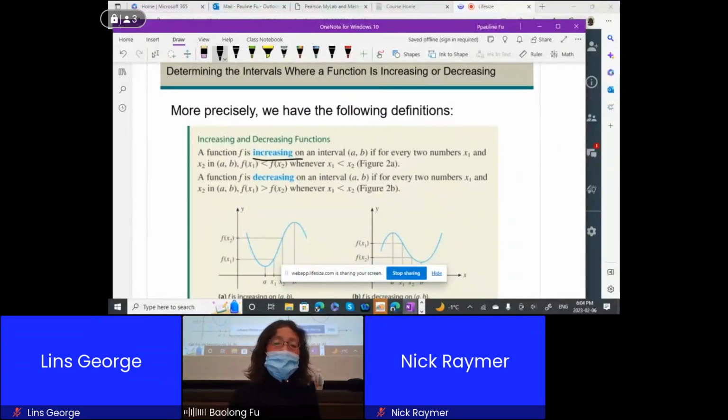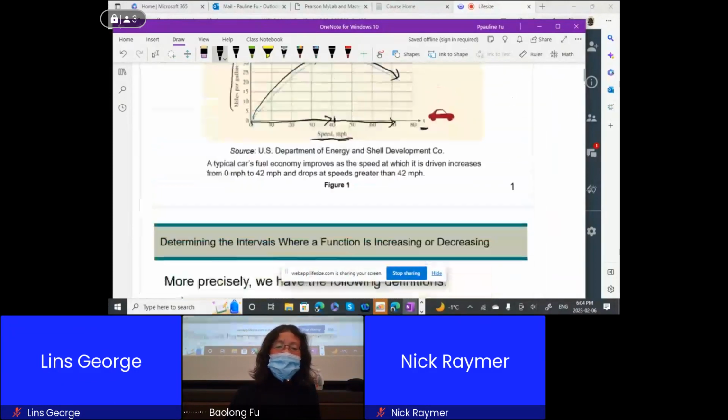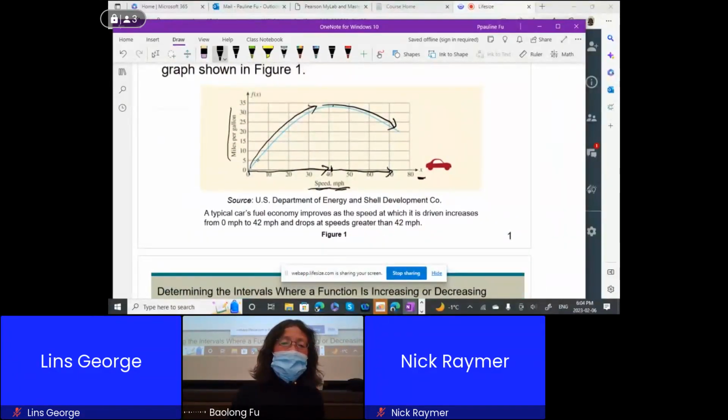When a function is increasing, how do we know? In this diagram, the function from here to here is increasing. The function from here to here is decreasing. So increasing and decreasing.